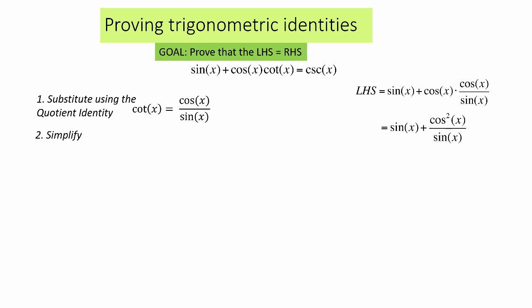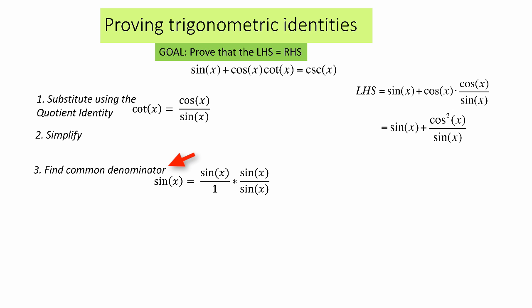Now you might be scratching your head and thinking, what can you do with that? Well, since I have a fraction in there, the cosine squared of x over sine of x, maybe I could make sine of x into a fraction and then add the two fractions together. To do that, I would find a common denominator.